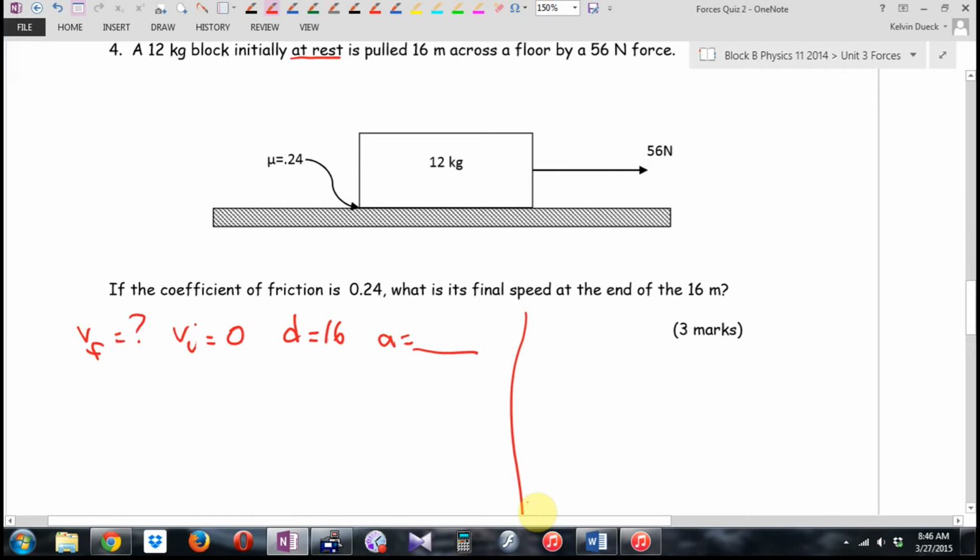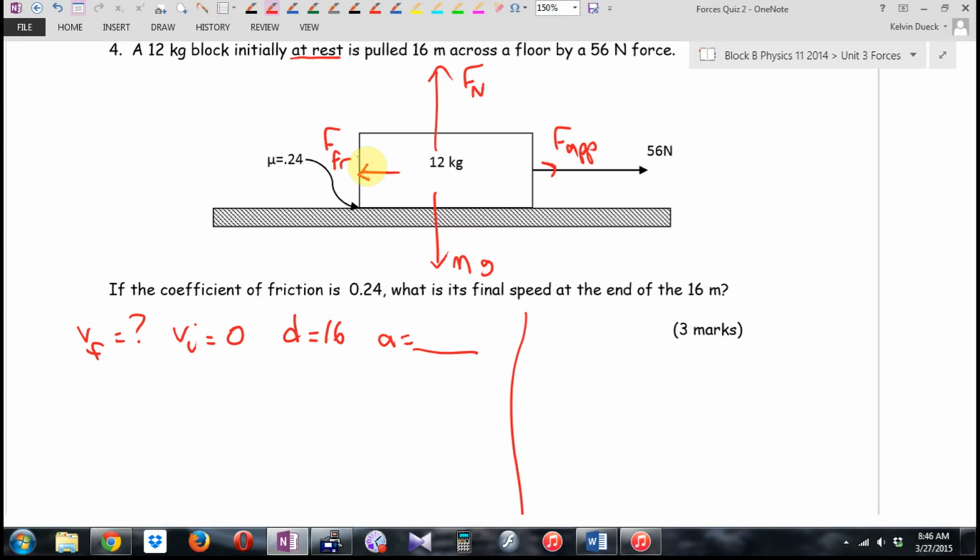Oh, they gave me a picture, so I'm not going to redraw the free body diagram. I'm going to say, okay, I got the obvious one, gravity down, normal force up. I have an applied force, and they're talking about a coefficient of friction, so I got friction. Who's winning? Really?